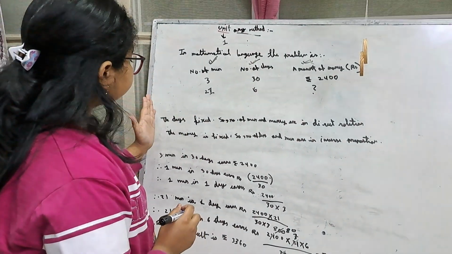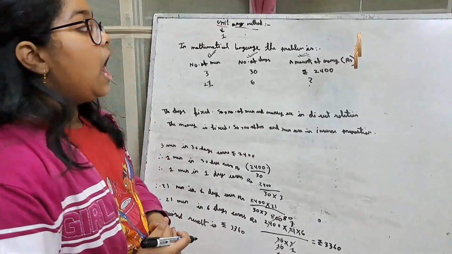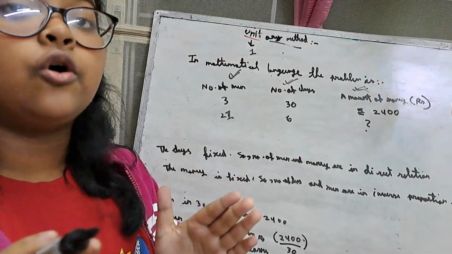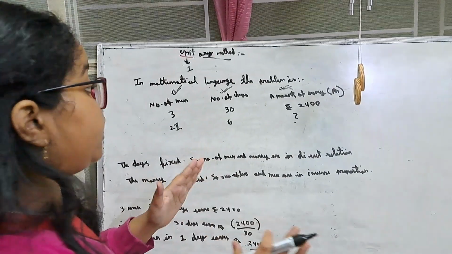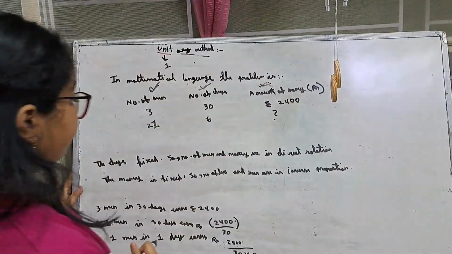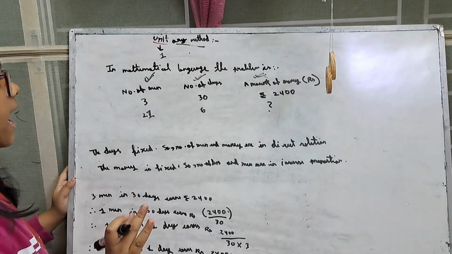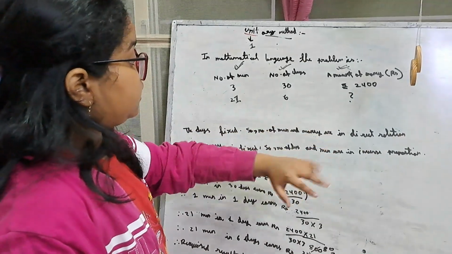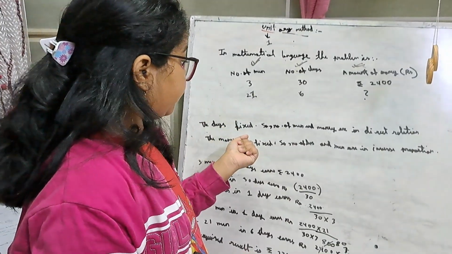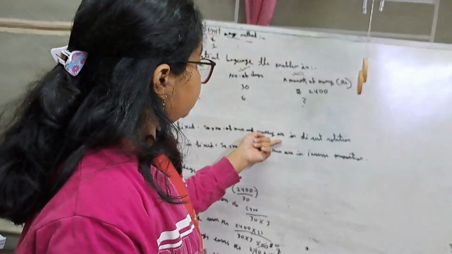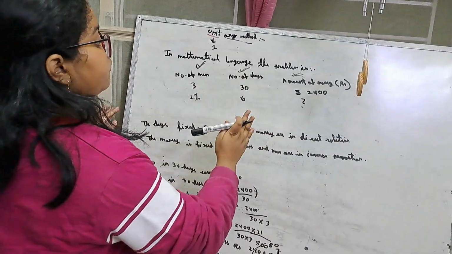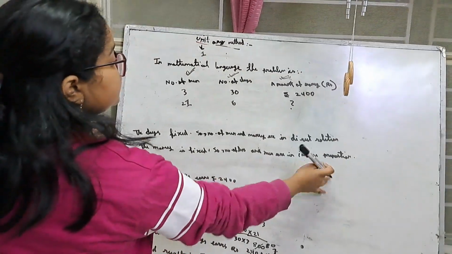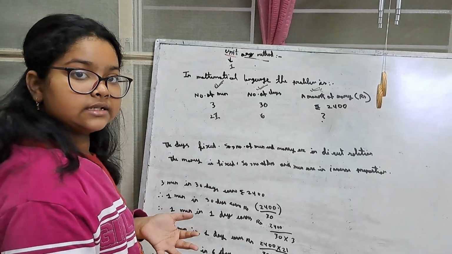So let us learn. Students, first we have to mention the relation. Days is fixed. In these 3 unit sums, we have to temporarily find a fixed point and deal with the other units. So the days are fixed. So the number of men and money are in direct relation. The number of men and days are in inverse relation: men increasing, days decreasing.